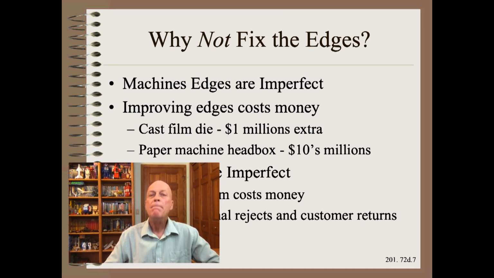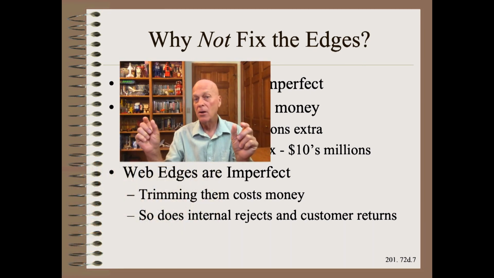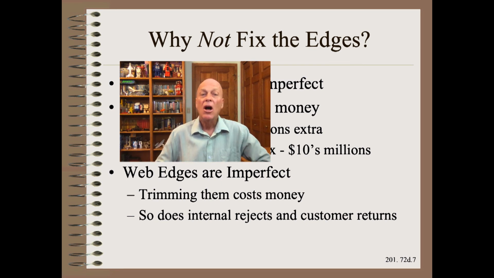That could be millions of dollars extra in cast film die design optimizations, or tens of millions extra dollars on paper machine head boxes. Of course, trimming costs money also. Of course, so do internal rejects and customer returns.